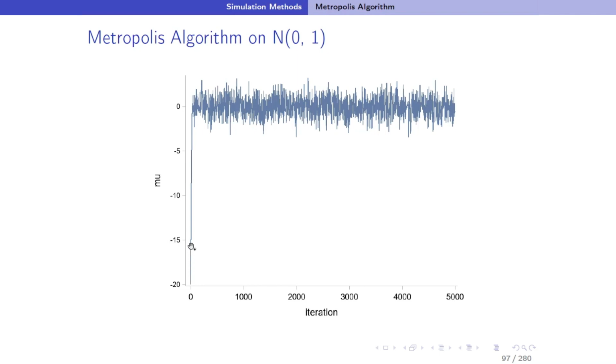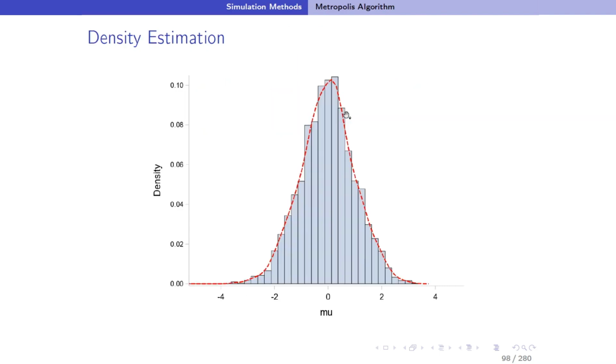The Markov chain gradually moved quickly to the center of the distribution, and then it stays there. You can see it mostly stays around mean 0. But it goes to the tail end, and the result is this distribution that's normal density. If you do this long enough, it can approximate normal 0, 1 to arbitrary degree of accuracy.